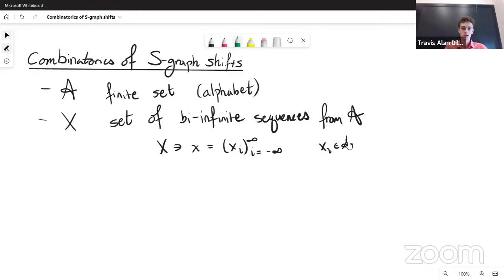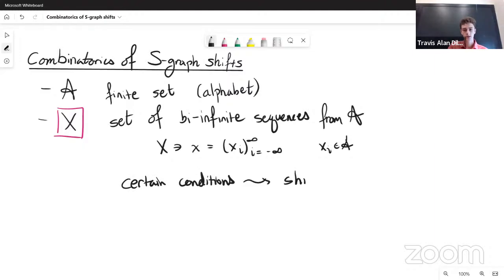Now, these things here, this set of sequences, these are really what we're going to be looking at. If they satisfy certain conditions, then this is called a shift space or subshift. You can make a dynamical system, and if they satisfy certain dynamical properties, then you can call them this.